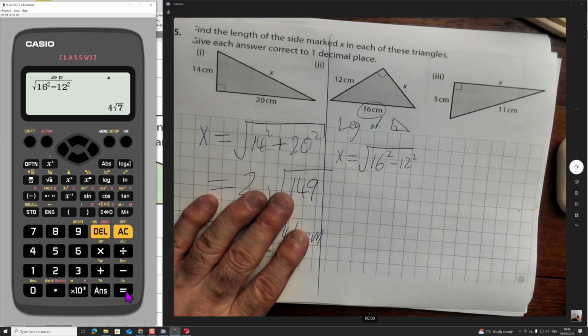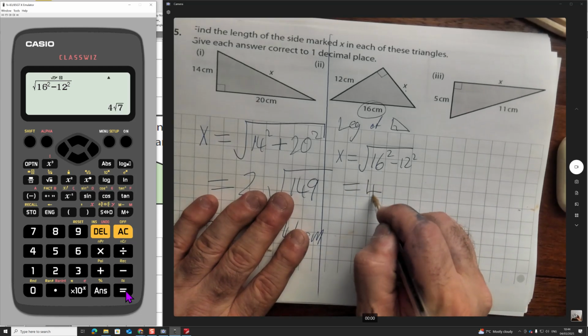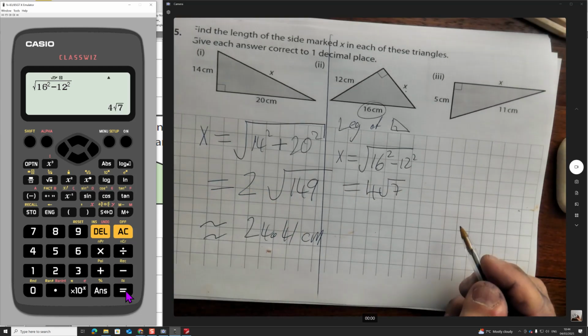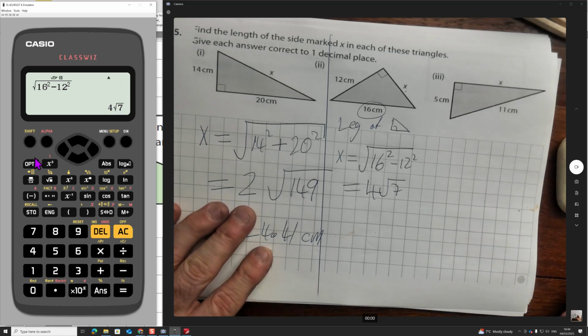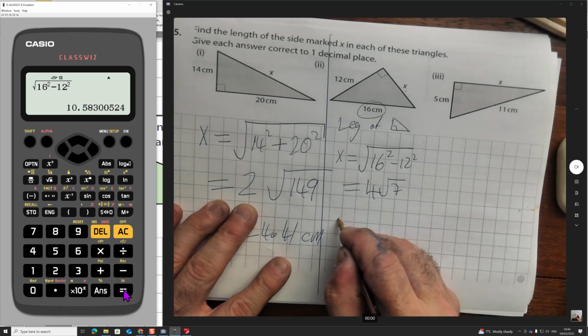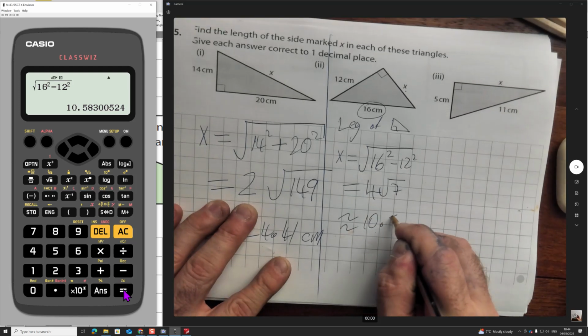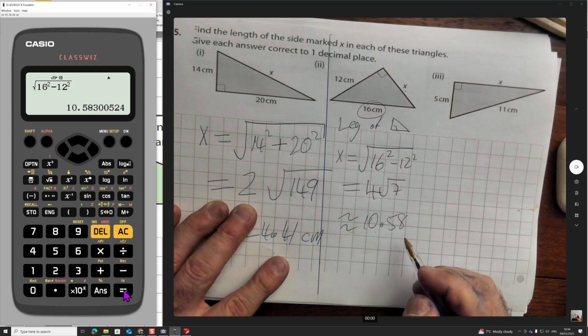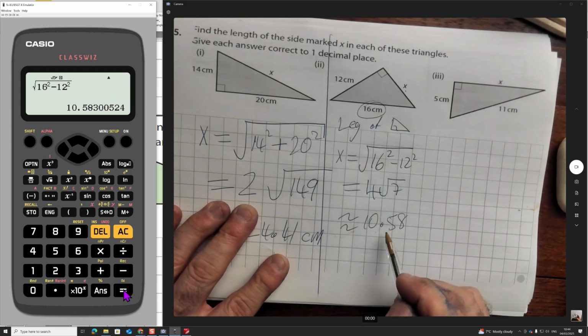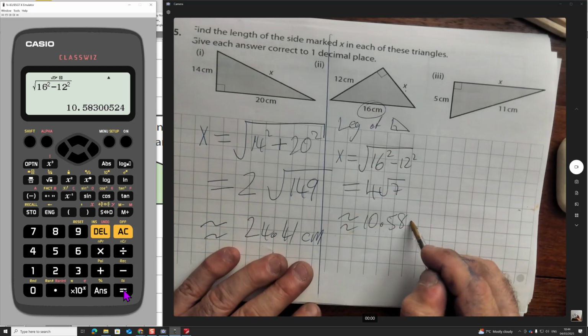Okay, and it's equal to 4 root 7, and shift approximately equal to 10.58. And that makes sense because it's less than 16. If this was greater than 16, you'd have a problem.